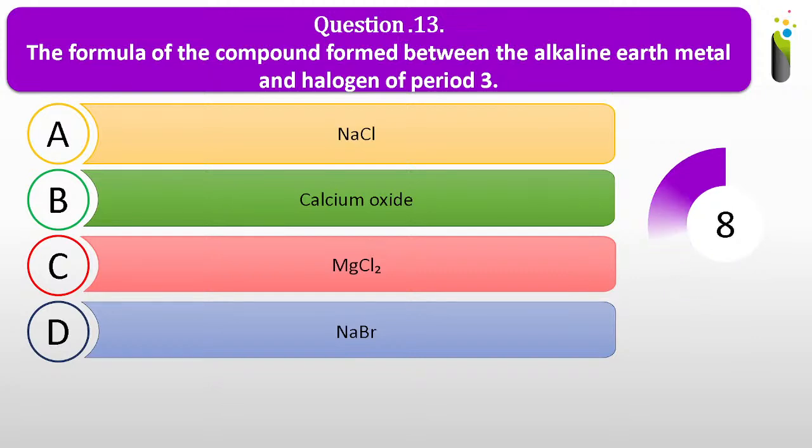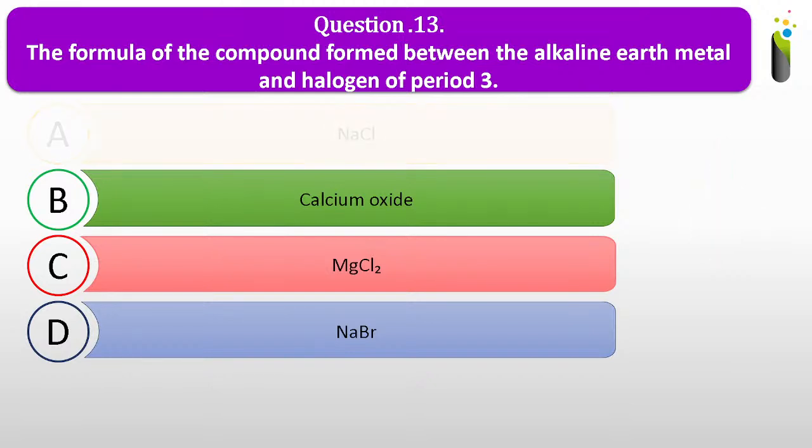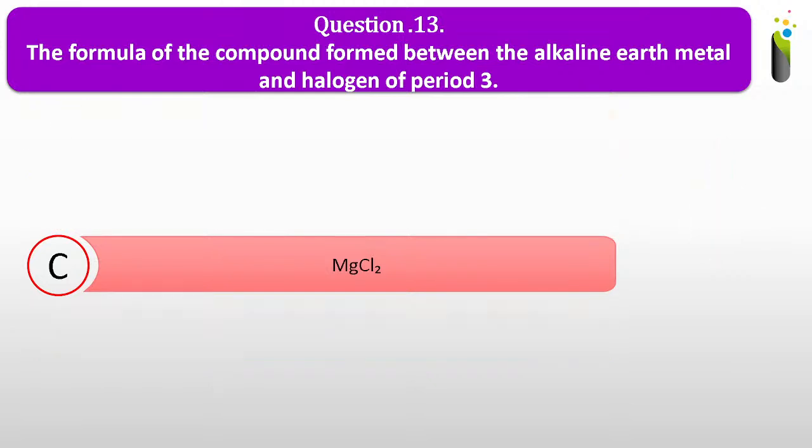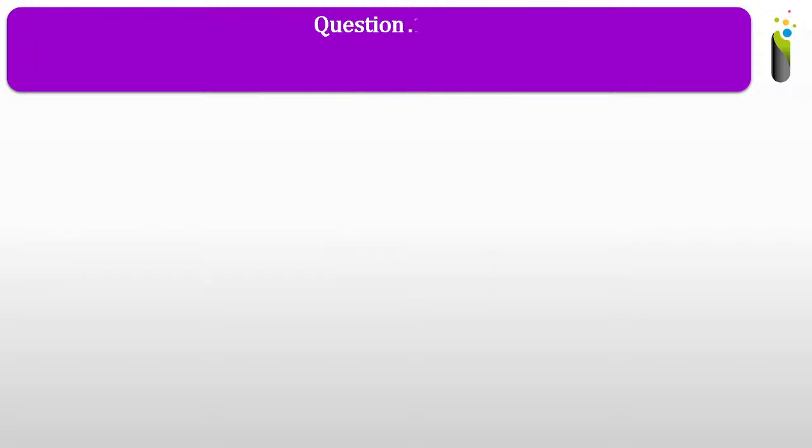Correct answer for this question should be MgCl2. So the formula of the compound formed between the alkaline earth metal and halogen of period 3 is MgCl2. Going to the next question, number 14.